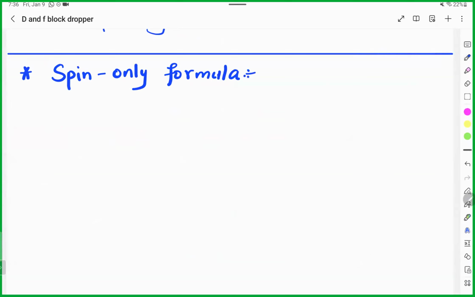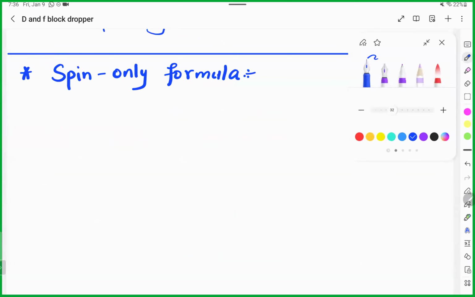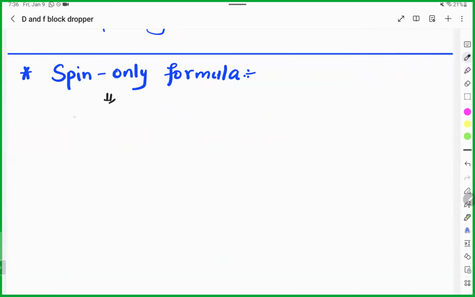The spin only formula is the root of n(n+2), used to calculate magnetic moment, right? Based on magnetic moment, you can tell whether a compound is paramagnetic, diamagnetic, or ferromagnetic.